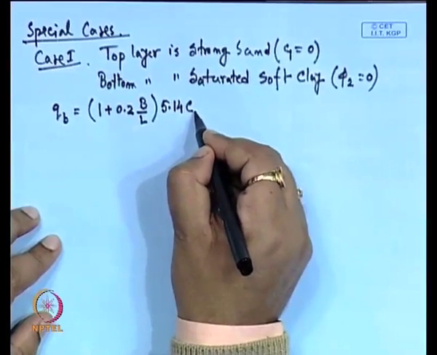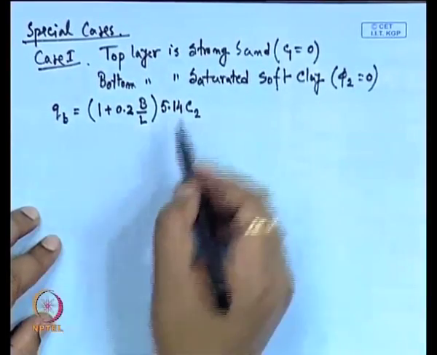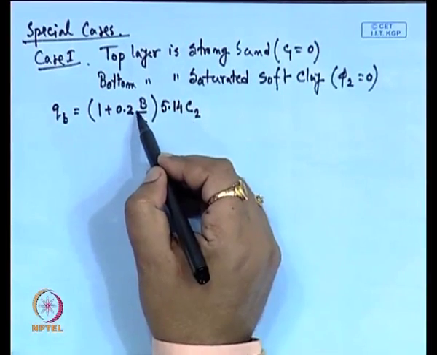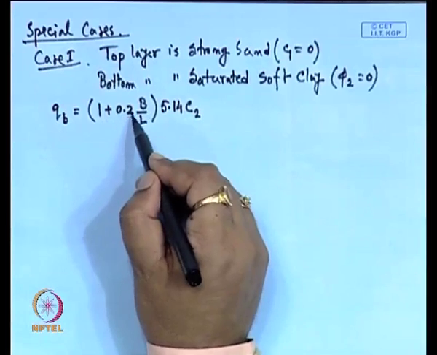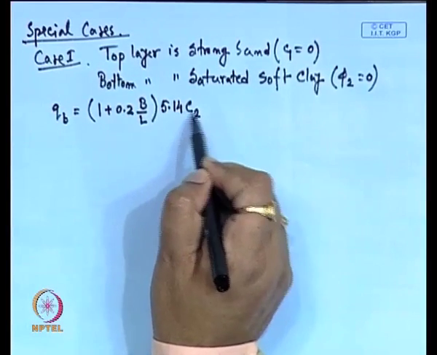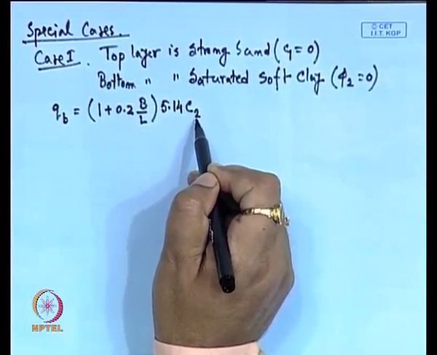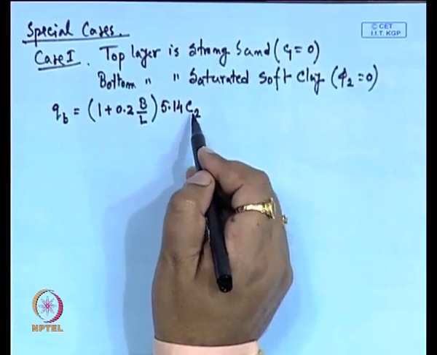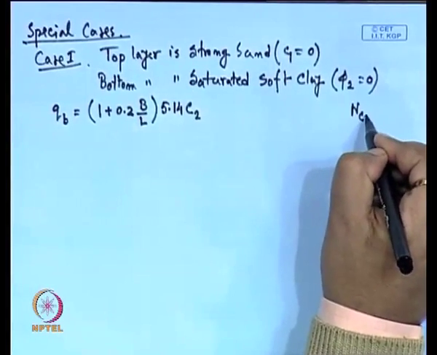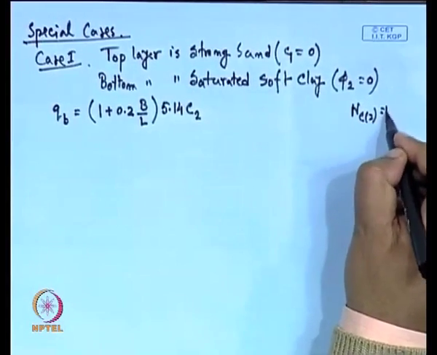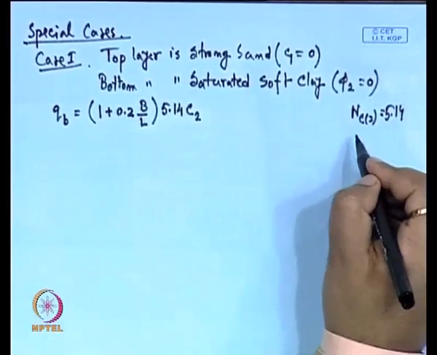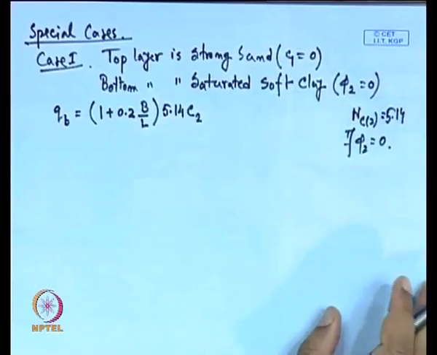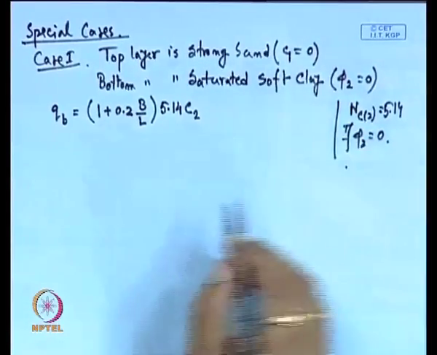This is basically C2, Nc2 and Sc2. Sc2 is 1 plus 0.2 B by L, C2 is the cohesion of the second layer or the bottom layer, and Nc2 is equal to 5.14 if phi 2 is equal to 0, that we know.